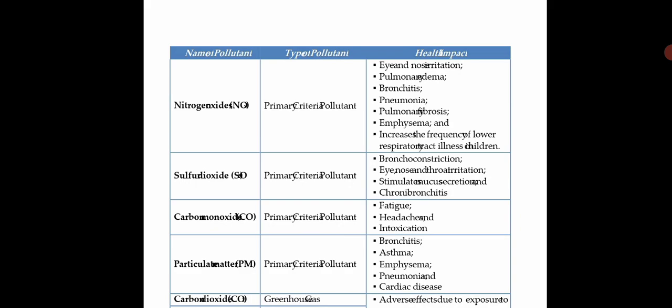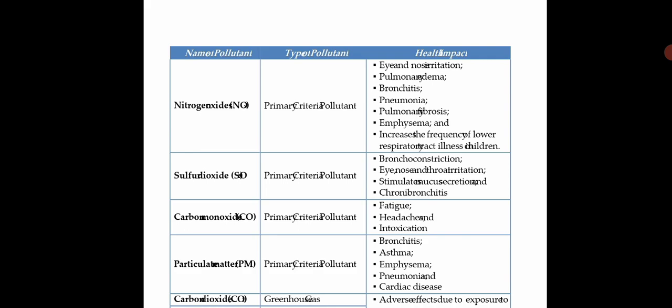Similarly, the oxides of sulfur, when their concentration increases in air, also induce many problems. It is also called a primary criteria pollutant. It also produces irritation in eye, nose and throat, chronic bronchitis, and it stimulates mucus secretion. And the third one is carbon monoxide.